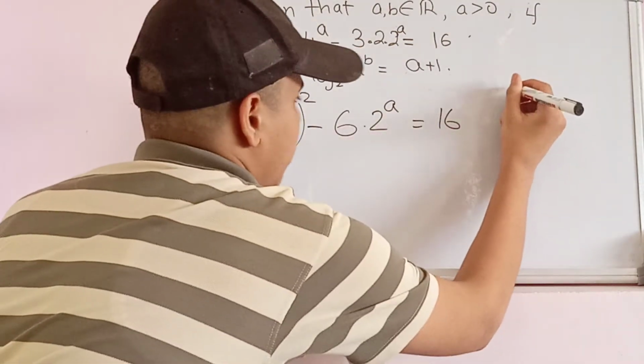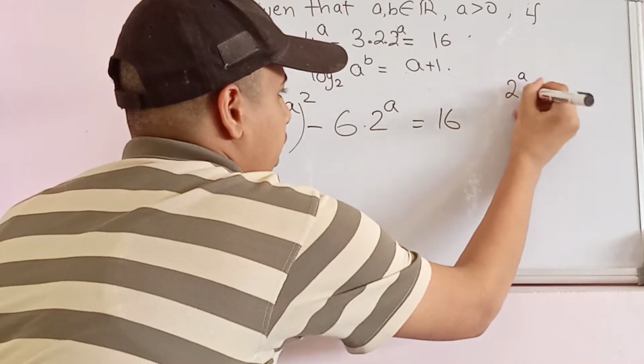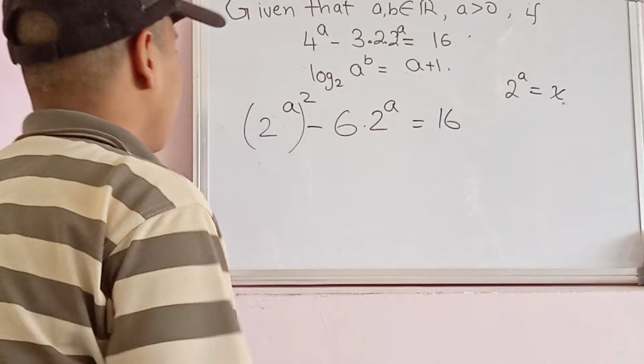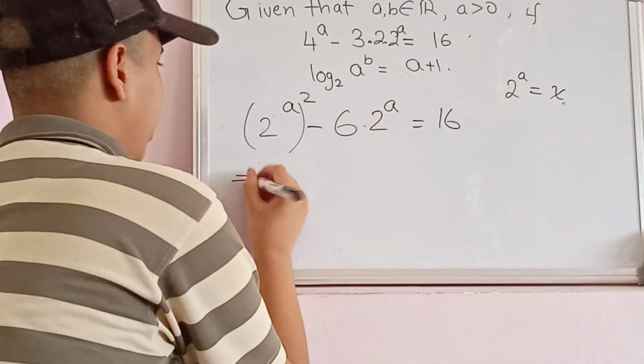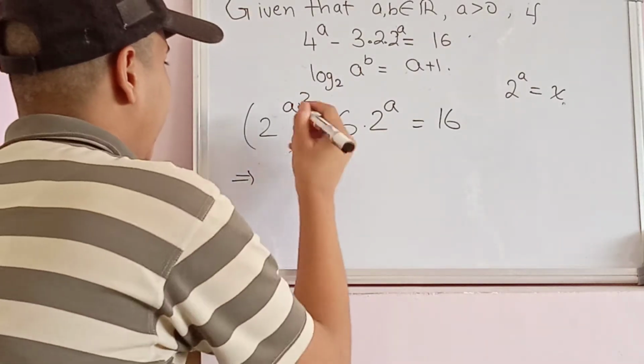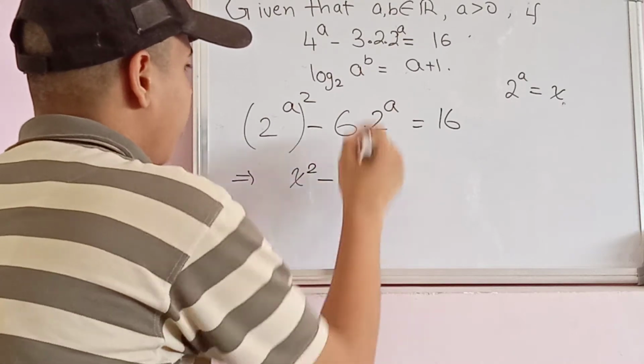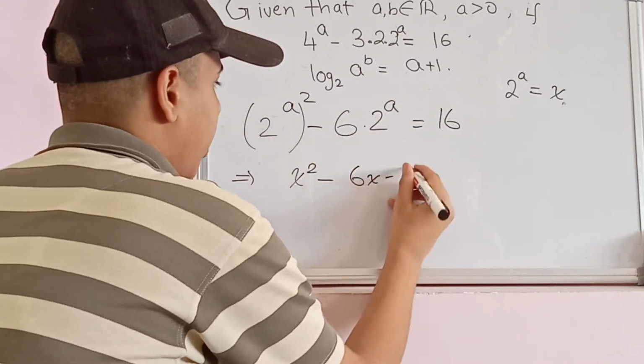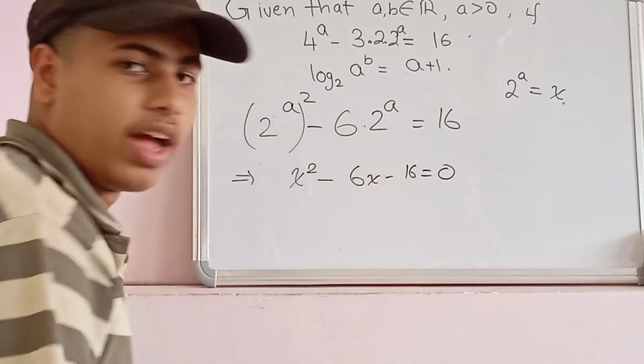So we make a little substitution here. 2 to the a is equal to x. Whenever we see a 2 to the a, we'll substitute it with an x. So x squared minus 6x minus 16. We are going to factor it.